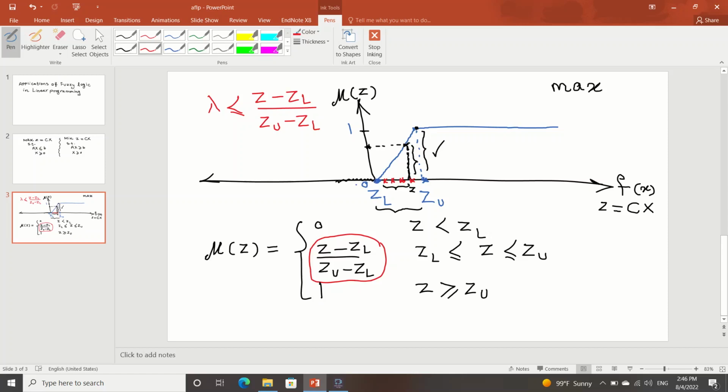Why are we maximizing lambda? Lambda equals this value. It is a variable.